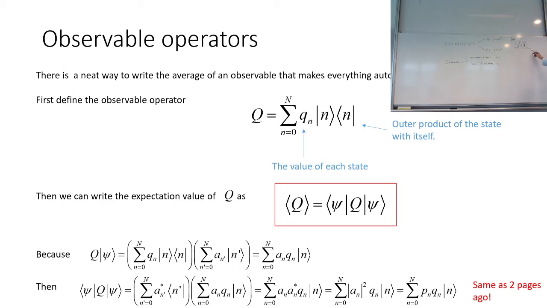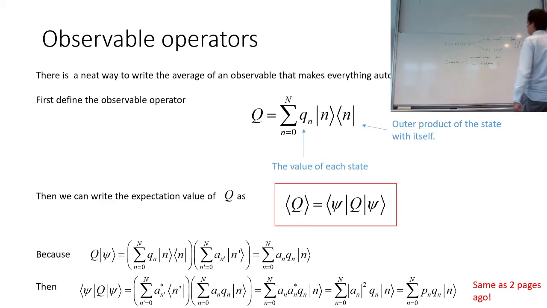This height is basically the value of the observable. From the number of people you can work out the probability, and from the probability you can calculate things like the average height, or the variance of the height, right?